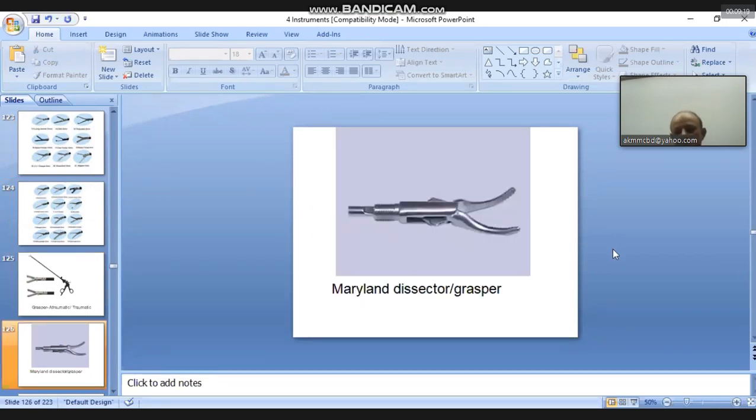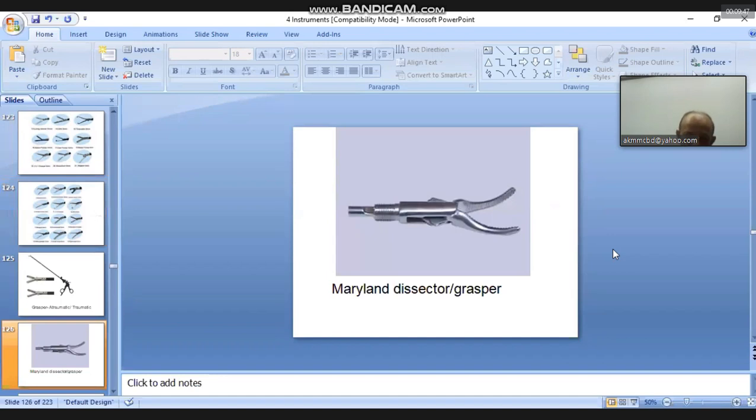This is another grasper. Actually, this is one of the most important instruments used in laparoscopic cholecystectomy or in many operations. You see the shape of the blade. The shape is somewhat curved.